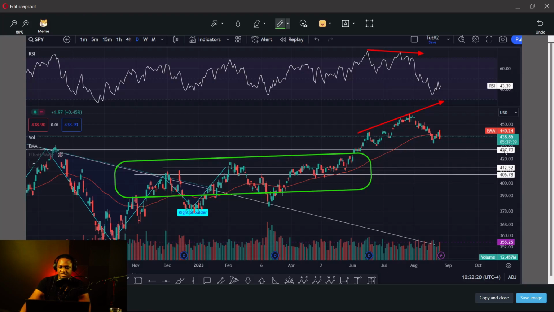It is not guaranteed that we're going to have a reaction at 427, but let's say that the market maintains that bear pressure that we are having right now. I am expecting a reaction here. I'm not saying that the market is going to keep going up at that price, but between 412 and 406, we do expect a reaction.